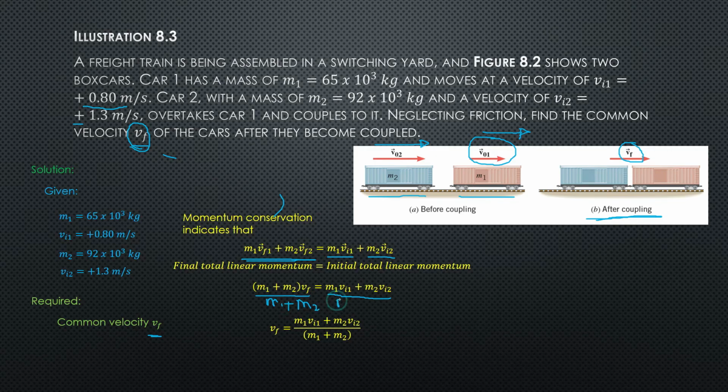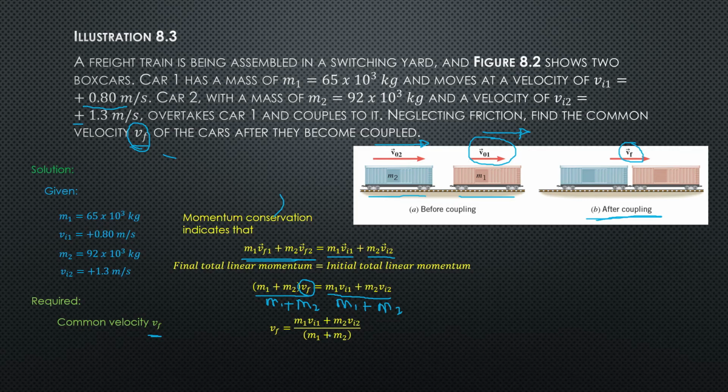Then the final velocity will remain as shown here, so the final velocity will be equal to the initial total linear momentum all over the total mass.